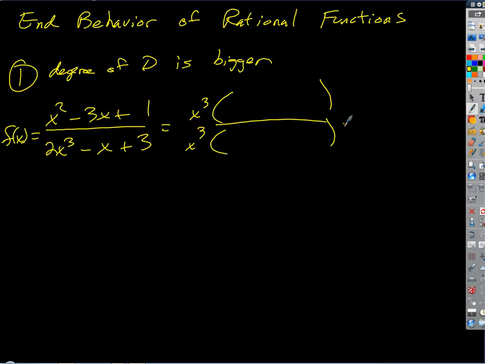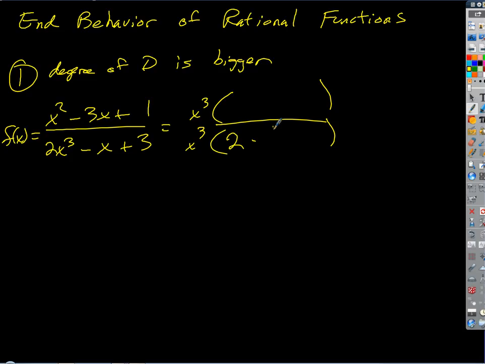What do I get on the bottom if I factor out an x cubed? That means I'm just dividing the x cubed away from each term, right? So what am I going to get from the first term? 2. Okay, this is a little weird, but what am I going to get from that term if I divide it by x cubed? 1 negative x. So what is x divided by x cubed?